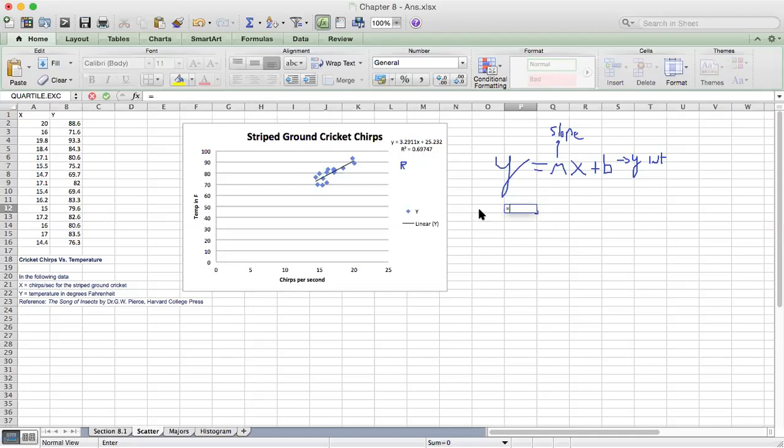I take the square root. So square root of 0.69747. And I get a correlation coefficient of 0.83.